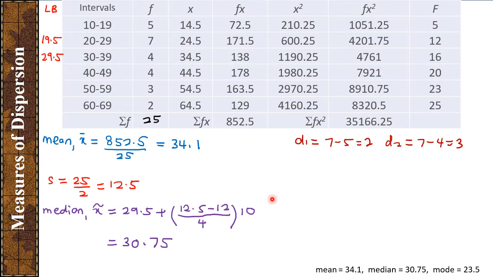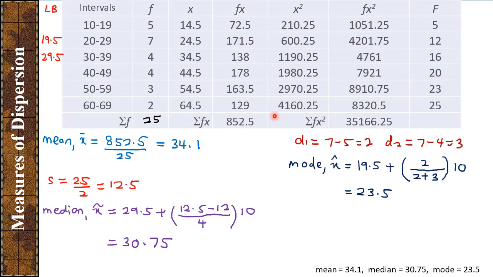And then next, we want to find the mode. You have to find the difference between the frequency of the modal class and the frequency of the class before and after. This is the modal class, 7, which has the highest frequency. So 7 minus the class before that, 5, is 2. And then 7 minus 4 is 3 for the class after that. Then we can find the mode.